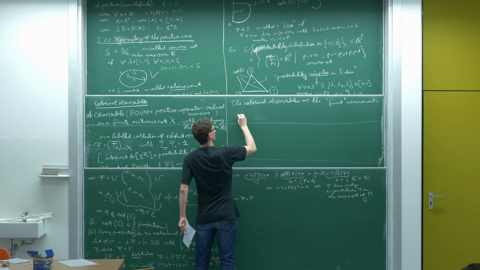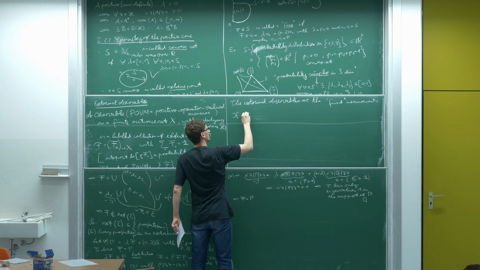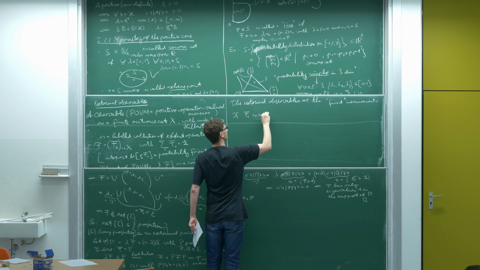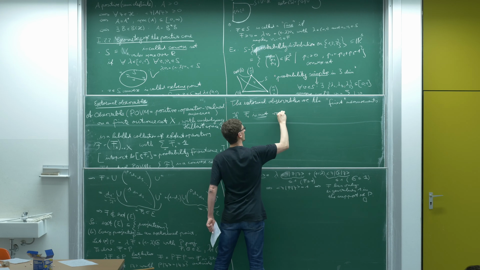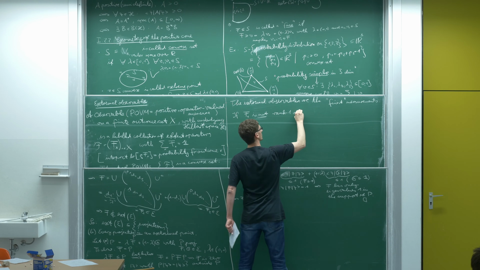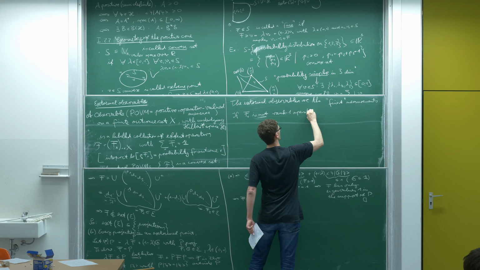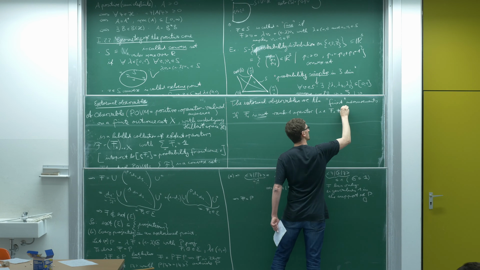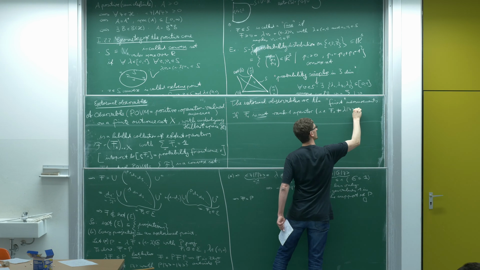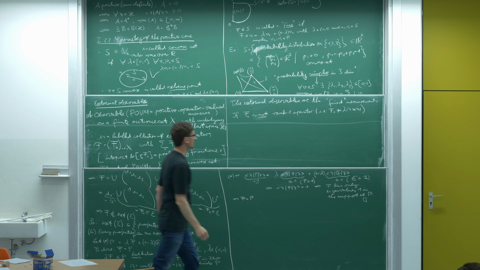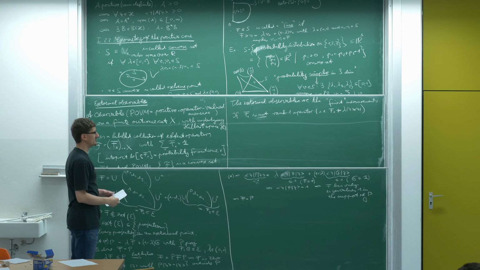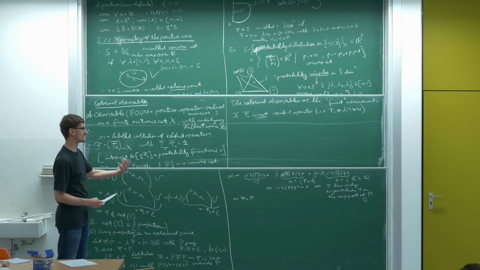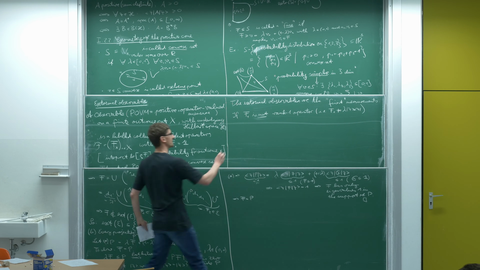So if F1 is not a rank 1 operator, so this means F1 is not equal to a multiple of a pure state, then the observable curly F should not be considered a finest measurement.